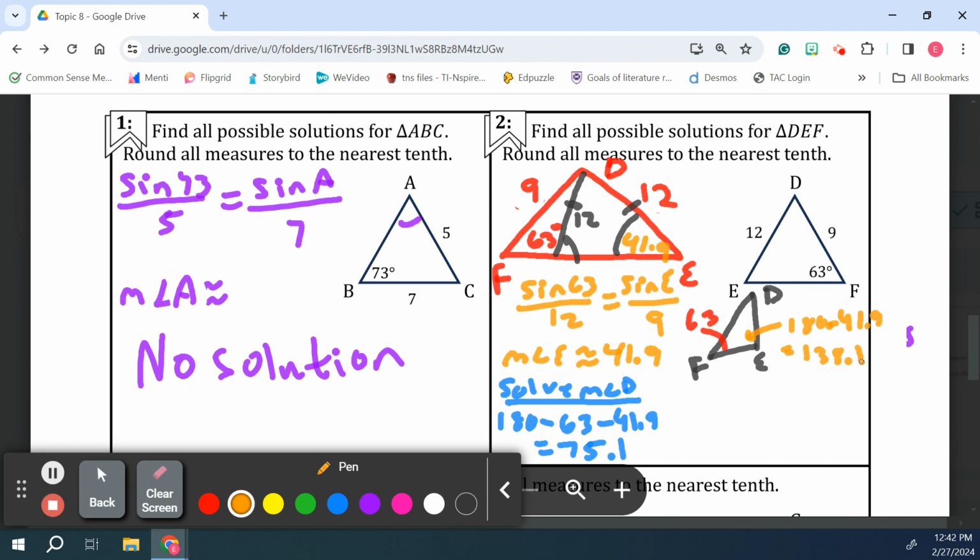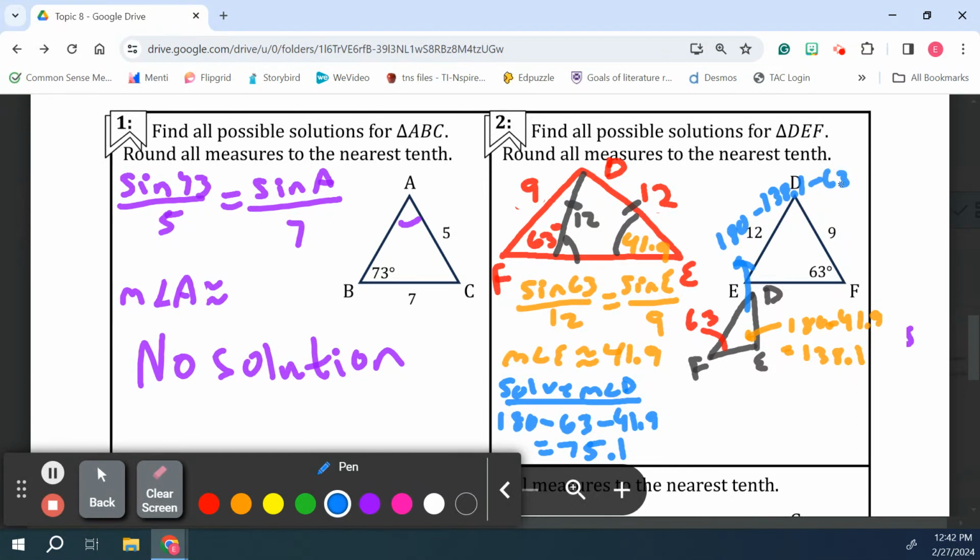Now, we need to confirm D. This is done using this angle and subtracting from 180 to see what we get here. So this is going to be 180 minus 138.1 minus 63.